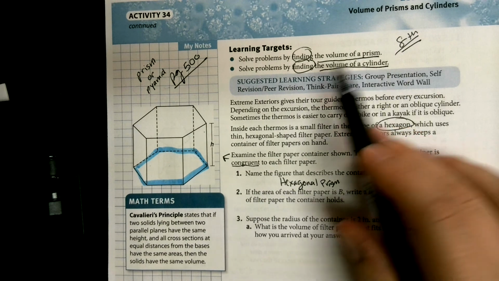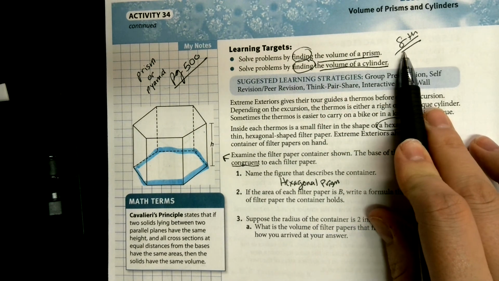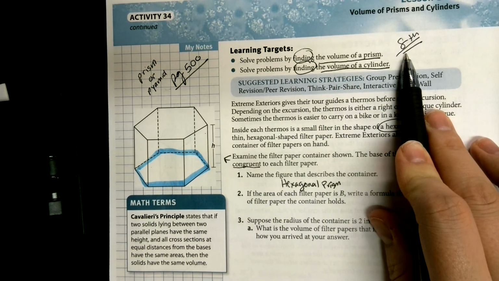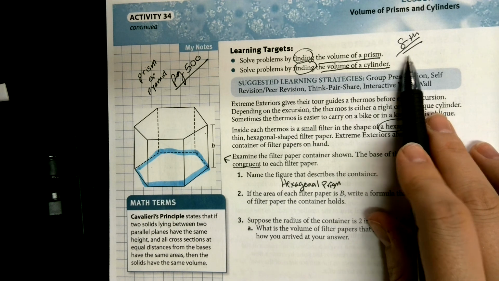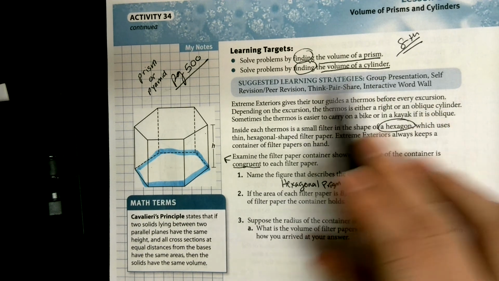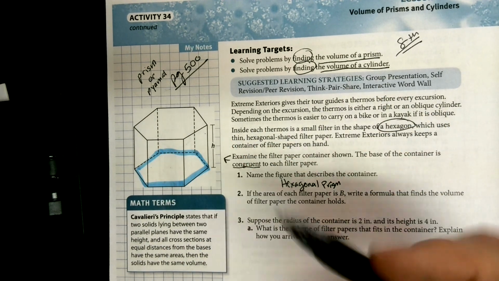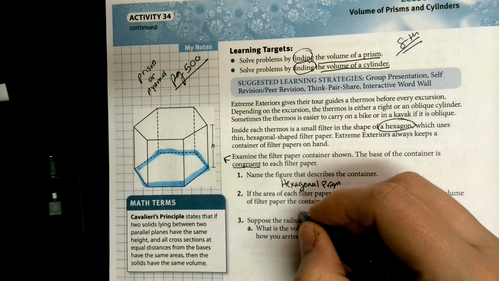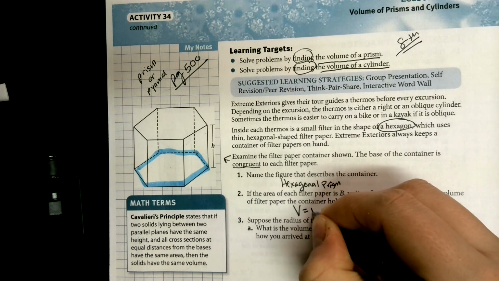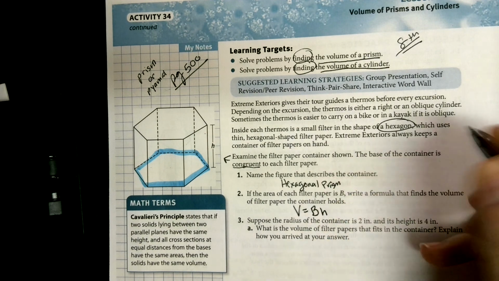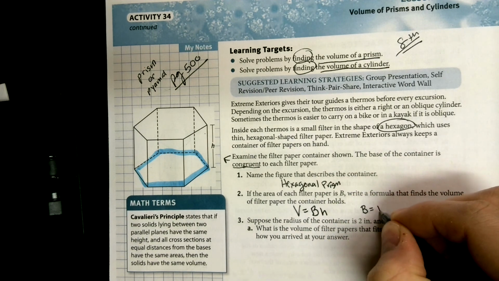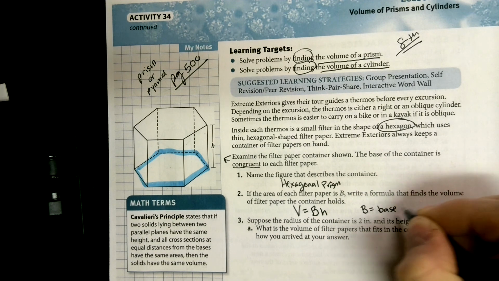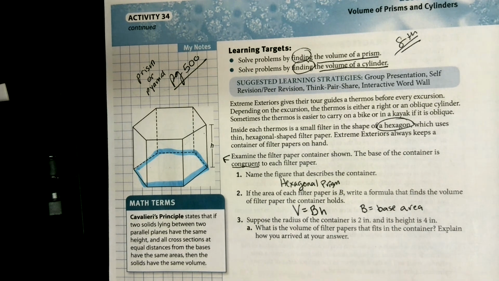So going back kind of to pre-algebra, so 6th grade, we learned that there's one volume formula for all prisms, and that is volume is equal to base area times height. And again, capital B is the base area. It doesn't matter what the shape is, we have the area of the base.